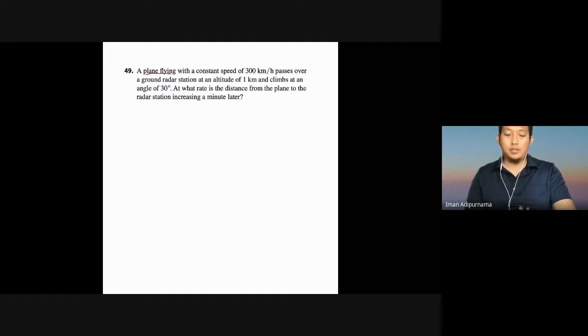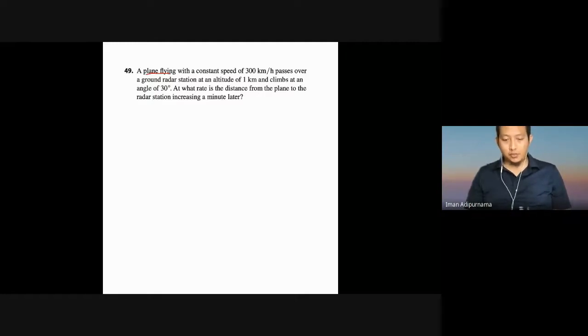It has an altitude of 1 kilometer from the ground to the height of the plane. And then the plane itself is not going horizontal; it's climbing at an angle of 30 degree.